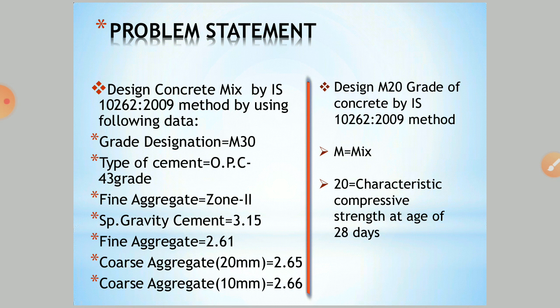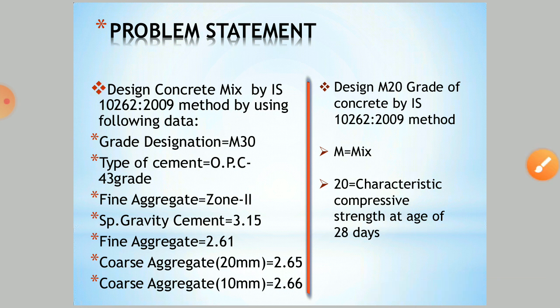In this slide there are two types of problem statements. First one, in your exam or in your book you may see a question like this: design concrete mix by IS method using following data. Grade is given, then grade of cement, specific gravity and zone of aggregate, all the necessary data is given.